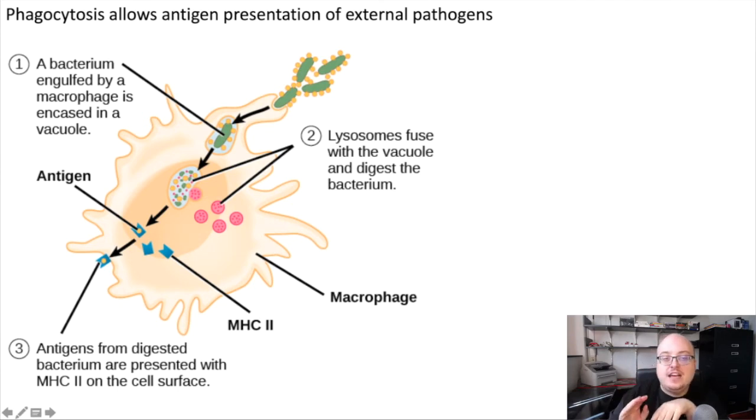So we can take advantage of that and shuttle some of those peptides, instead of releasing them through exocytosis, put them through a different endocytic pathway, which results in their being loaded onto MHC class II and presented to CD4 T cells, which of course express the co-receptor necessary to sense pathogens being presented by MHC class II. So antigen presentation is another important feature of how phagocytosis influences and primes an adaptive immune response.